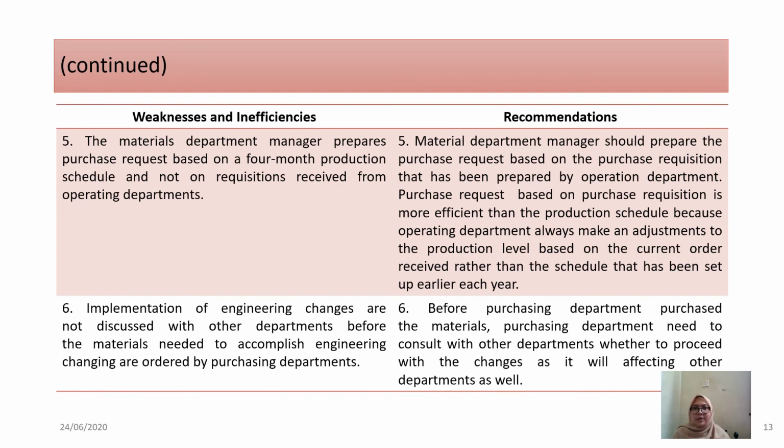This is because the operating department always makes adjustments to the production level based on the current orders that they have received rather than the schedule that has been prepared way earlier each year.